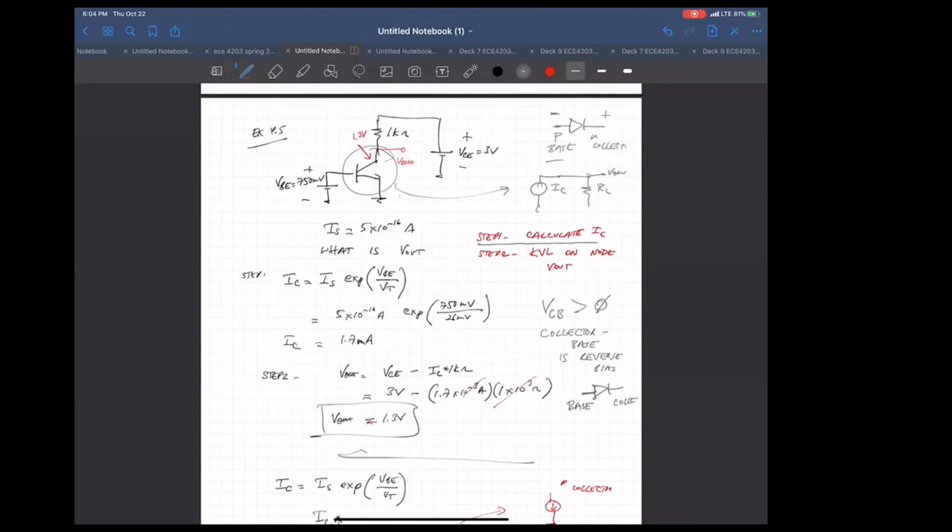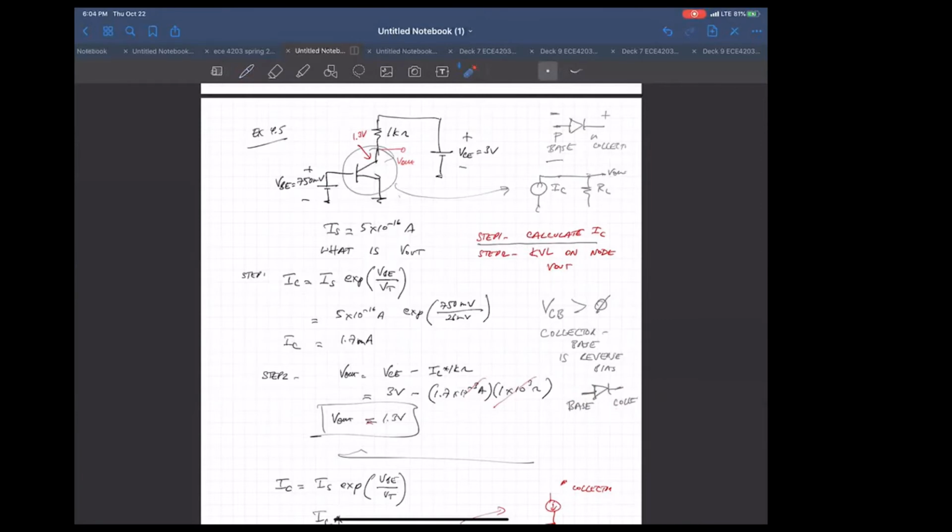And think about if this collector node is higher than the base node, even a little bit, you would end up being reverse biased. If it was lower, it would be forward biased. Does that make sense? Yeah.